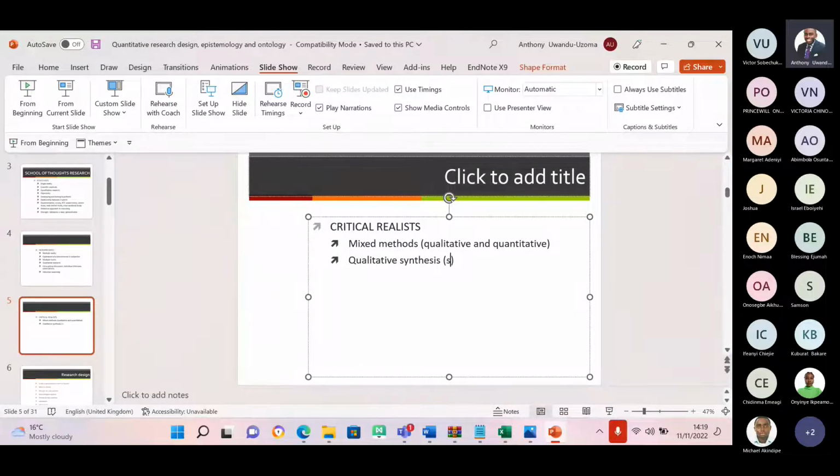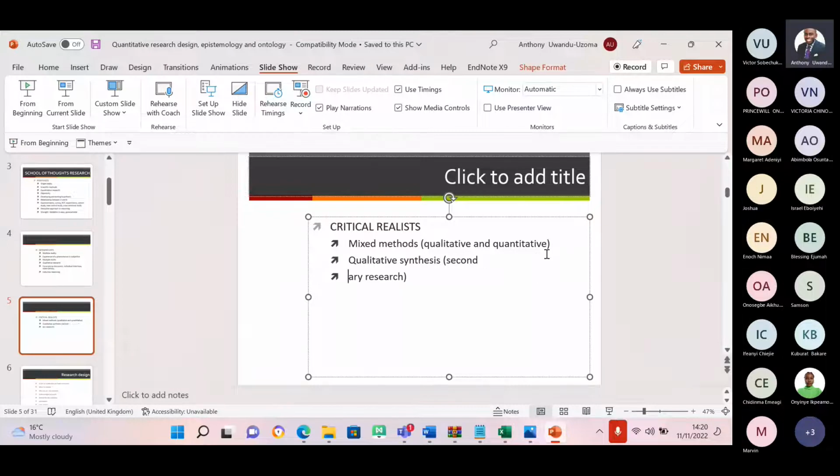So this is more like if you are doing a review and you want to look at experiences of a group of people, that means you're looking at a combination of different qualitative studies that share the experience of a phenomenon. So you want to now synthesize all of them. Okay, so your philosophy here, you are a critical realist, because you're not collecting physical data.